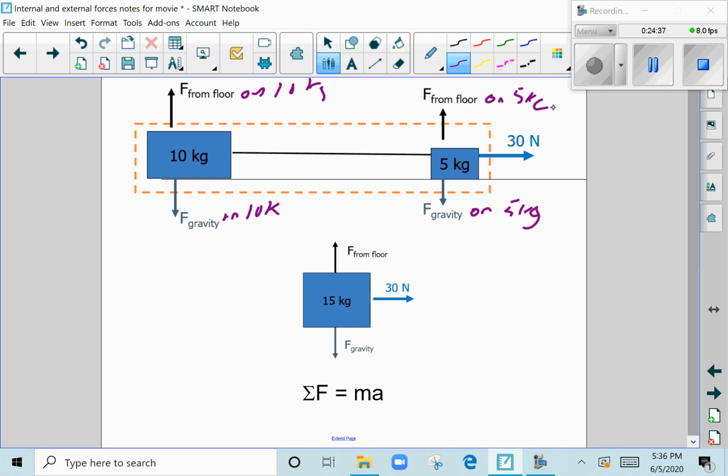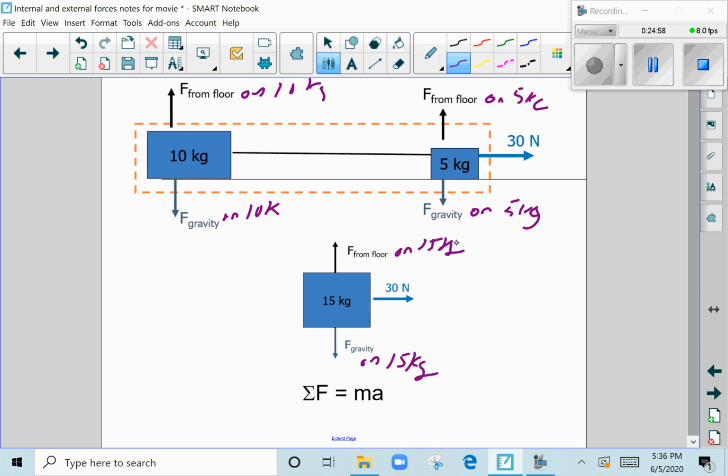When I look at my object, I'm going to say force of gravity on 15 kilograms because those two gravities have added up together. And the force of the floor will be on 15 kilograms because those two forces pushing upward will have to combine to support the total combined mass.